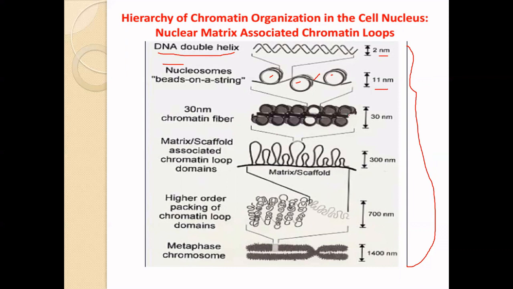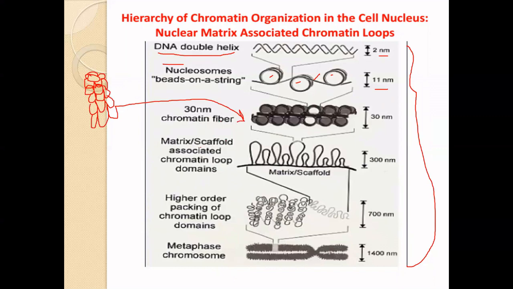When six of these individual beads come together, 1, 2, 3, 4, 5, 6, they form a condensed structure called the 30 nanometer chromatin fiber.